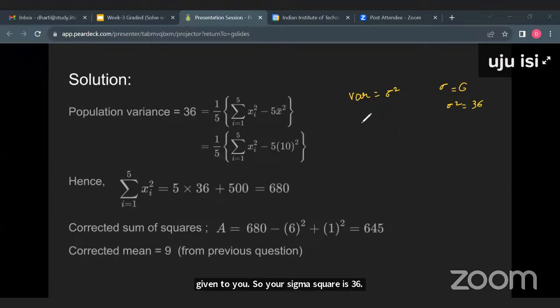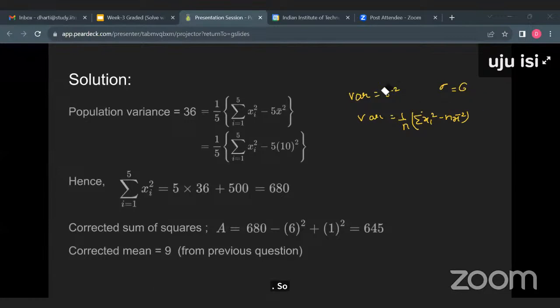And recently we saw that variance can be written as 1 by n summation of xi square minus n x bar square, right? We have seen recently these things in the last slide. That's why I was saying that it is a shortcut only. So you have n, you have variance.